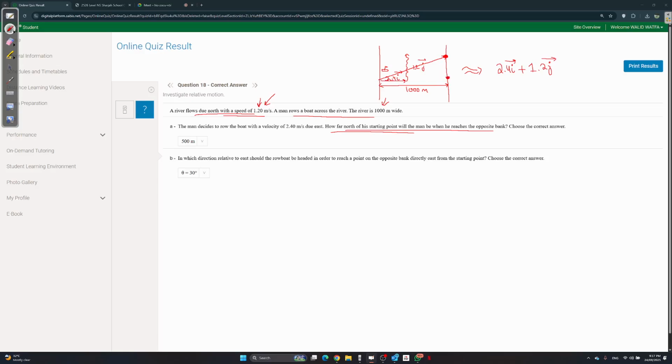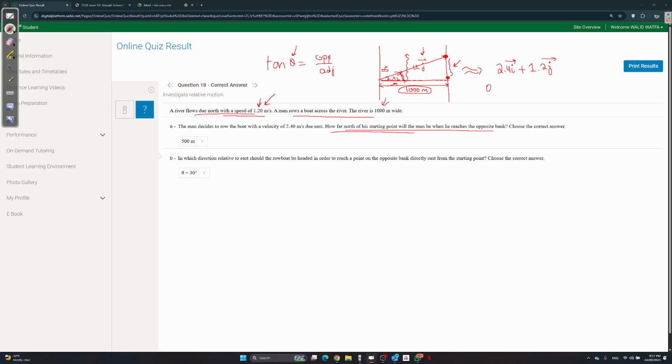You need to use trigonometry here. You have this side, how much? 1,000. We're trying to find this side here. So this is the angle here. And we want the opposite side. We have the adjacent side. So what am I going to use? Tan. How am I going to get the angle? Don't I have the y component and the x component of the velocity?